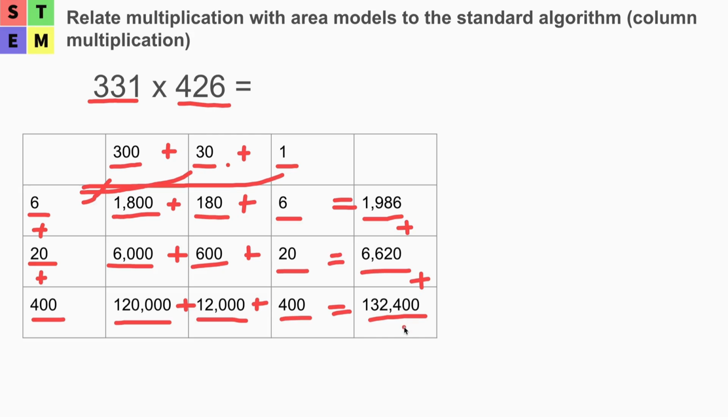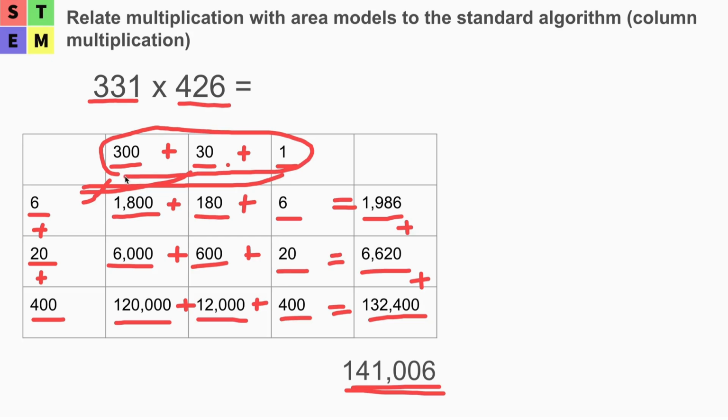Together it equals 141,006. That's basically the result of 331 times 426.